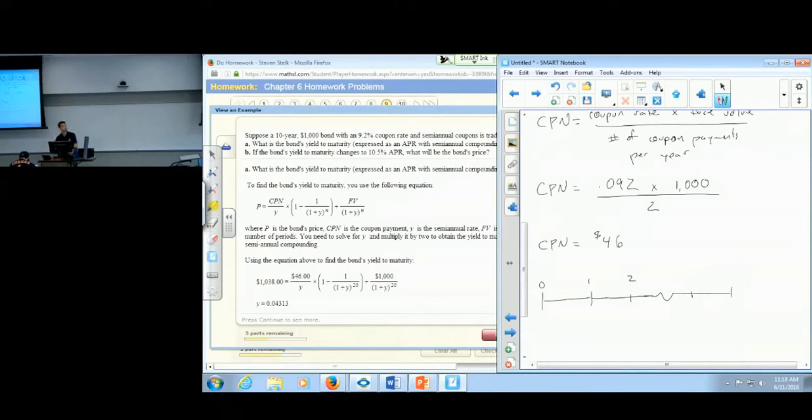This thing's a 10-year bond with semi-annual coupons. So you saw the mistake I just made, trying to get two steps ahead of myself. There's actually going to be 20 periods on this timeline. All right, 10 years, but making payments twice per year.